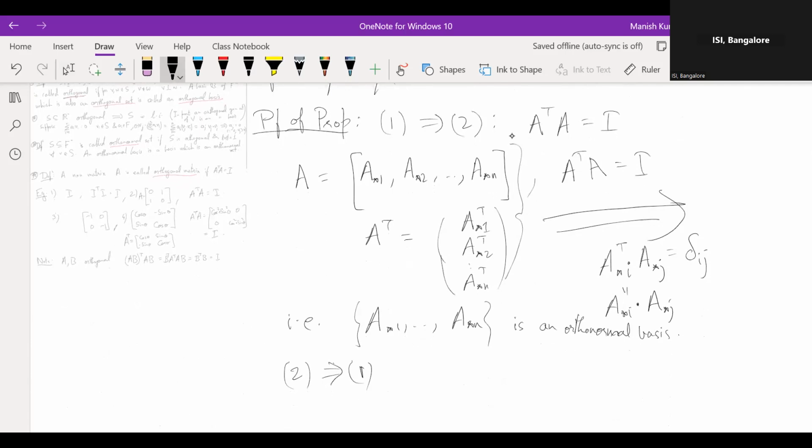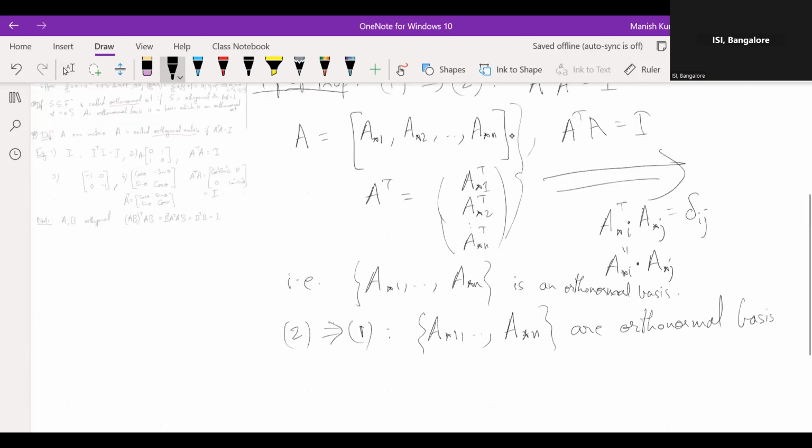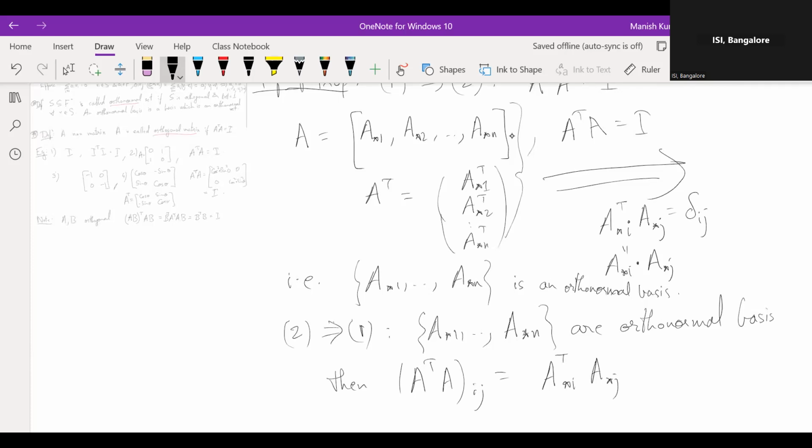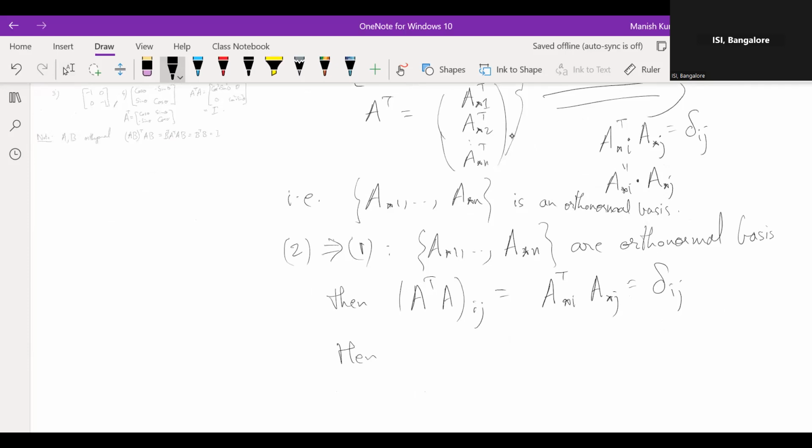So of course this is also easy, right? Since A star 1 to A star n are an orthonormal basis, then A transpose A, we know the ijth entry of A transpose A is going to be A star i transpose A star j, which is precisely delta ij, because of the orthogonality condition.